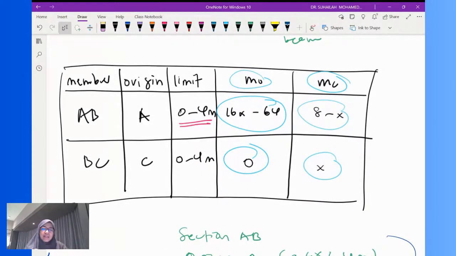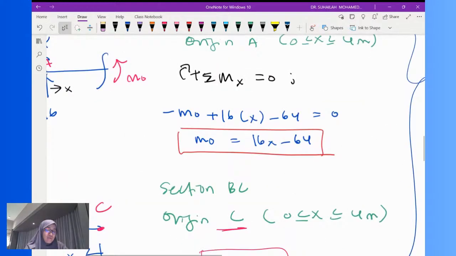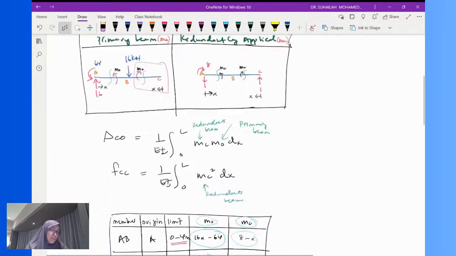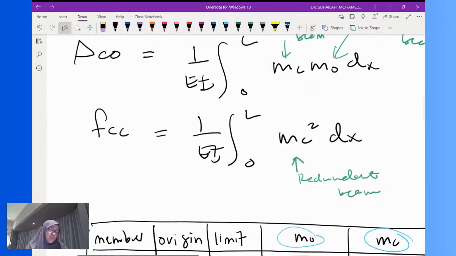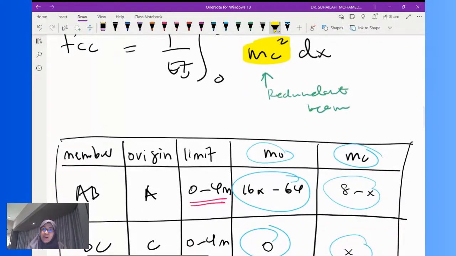Okay, it is 8 minus X because it is MC squared. From the formula, look at the formula, for FCC it is MC squared. So we have to calculate for AB and then for BC. For AB, it is 8 minus X squared dx, 0 to 4. And for BC it is X squared, 0 to 4. So what is the answer?